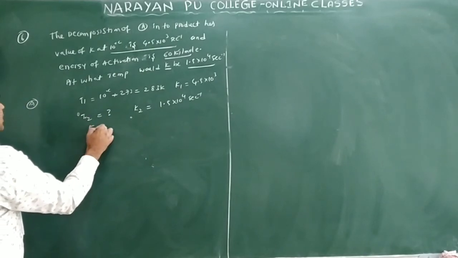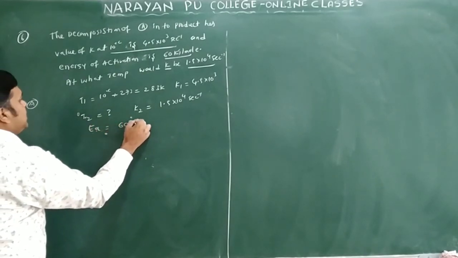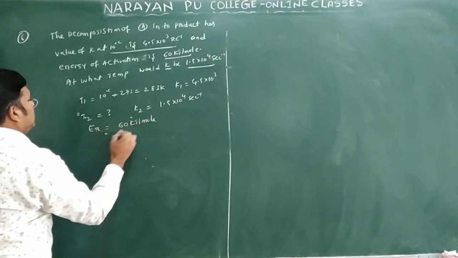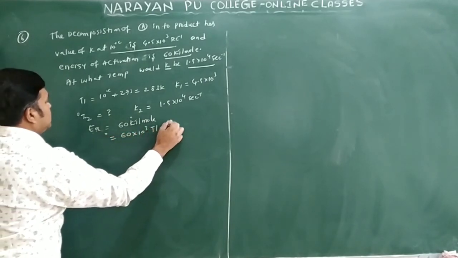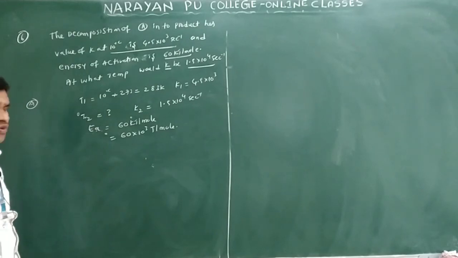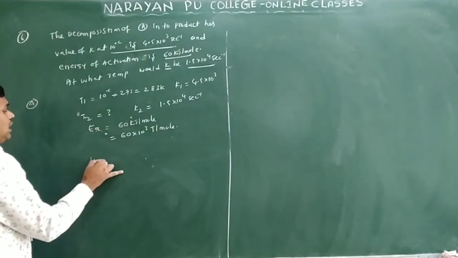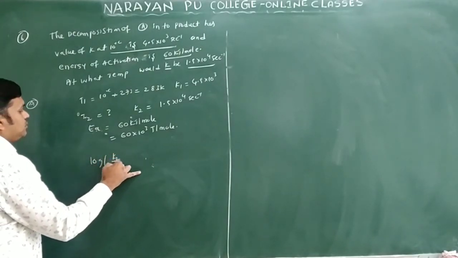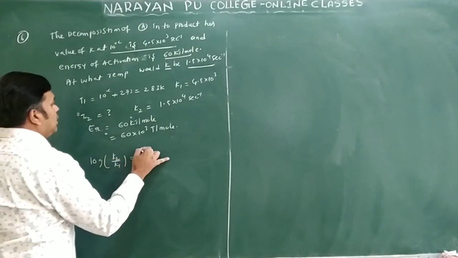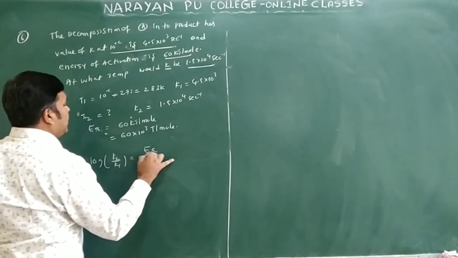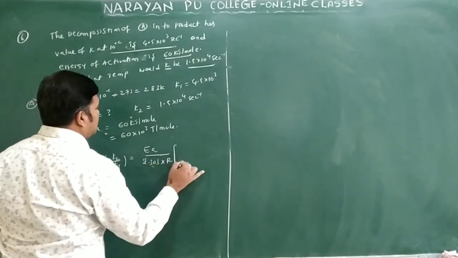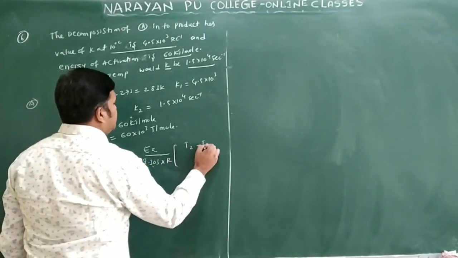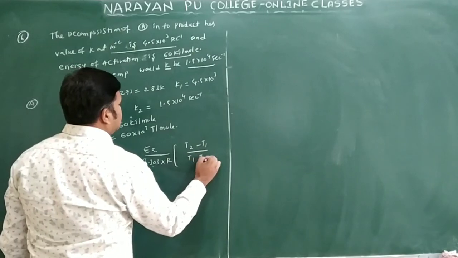And activation energy EA is given, this is 60 kilojoule per mole. You will write this as 60 into 10 cube joule per mole. What is the formula? Log K2 by K1 is equal to EA by 2.303 into R into T2 minus T1 by T1 T2.